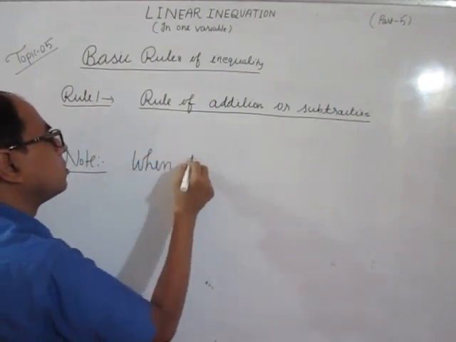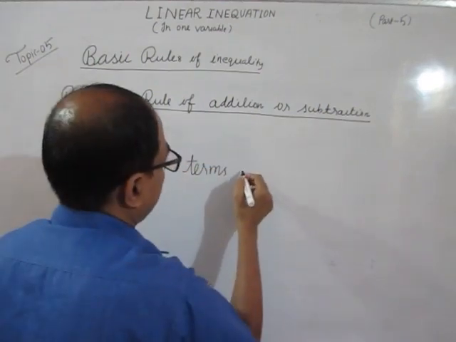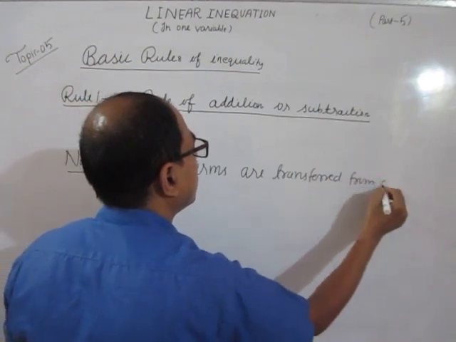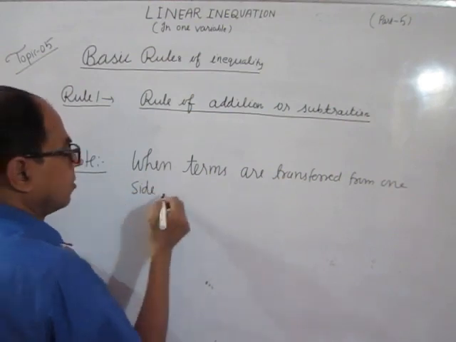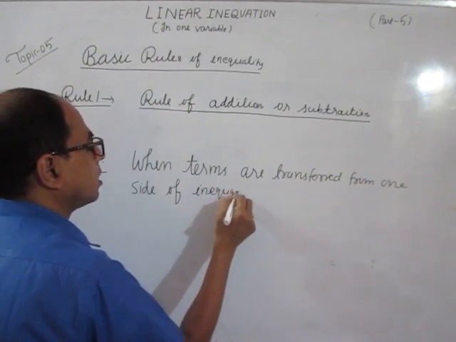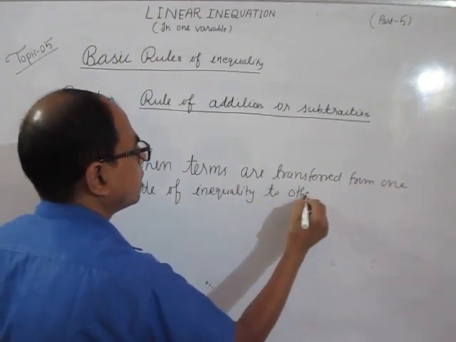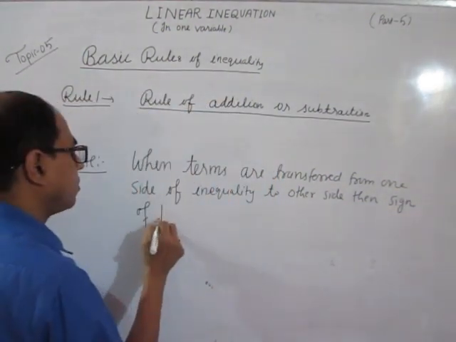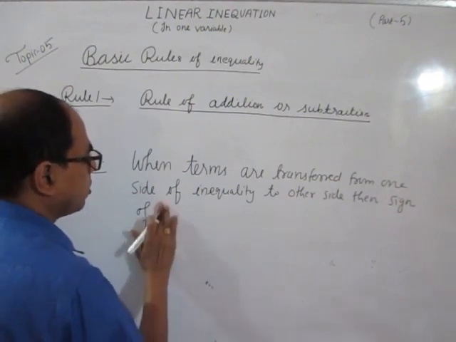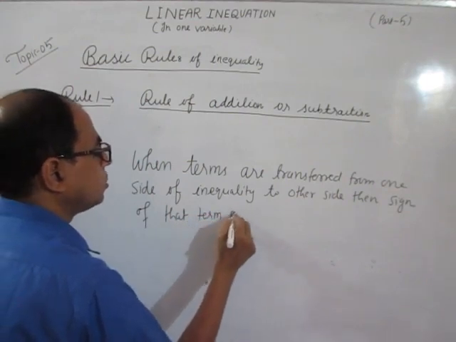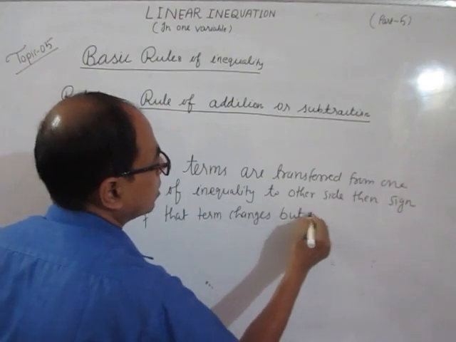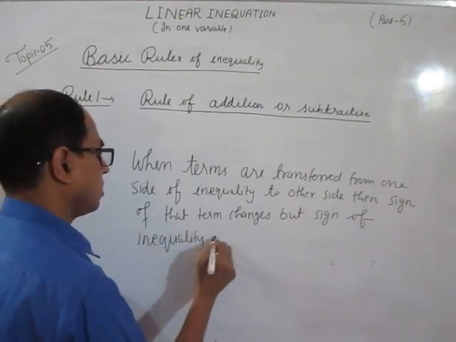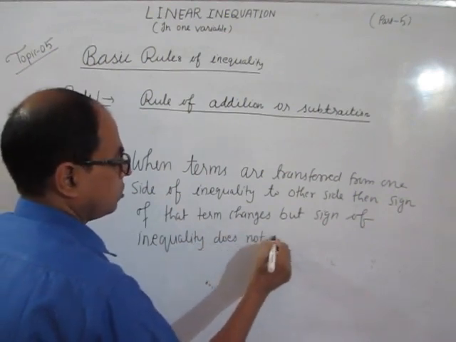When terms are transferred from one side of an inequality to the other side, then the sign of that term changes, but the sign of inequality does not change.